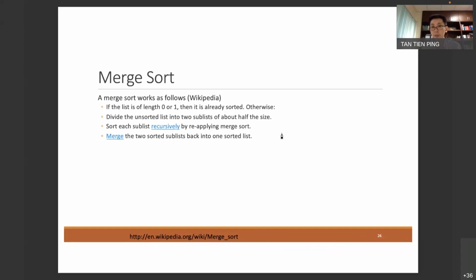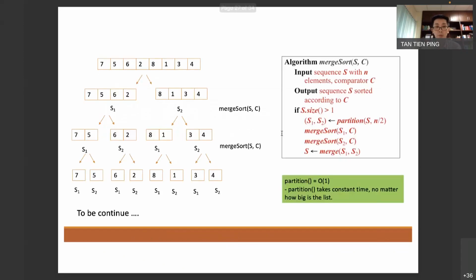I'm not sure whether you are familiar with merge sort, but let me show you how merge sort works. Let me show you the simulation of how merge sort sorts the numbers.